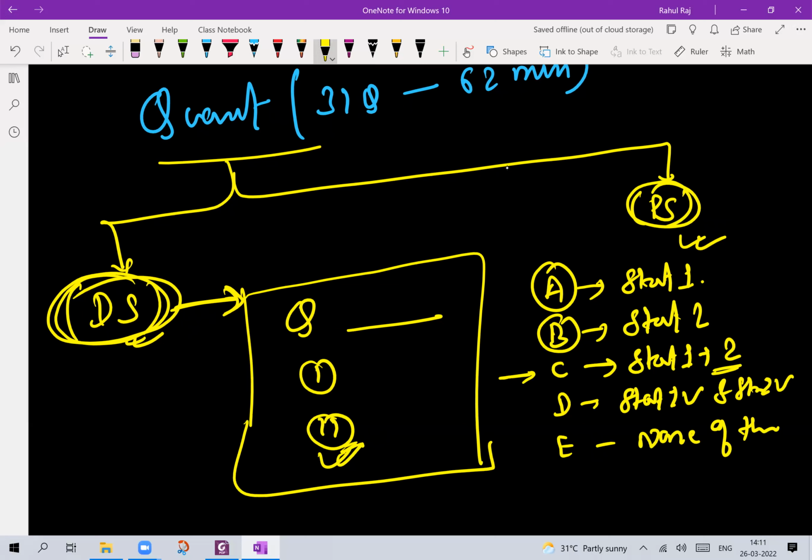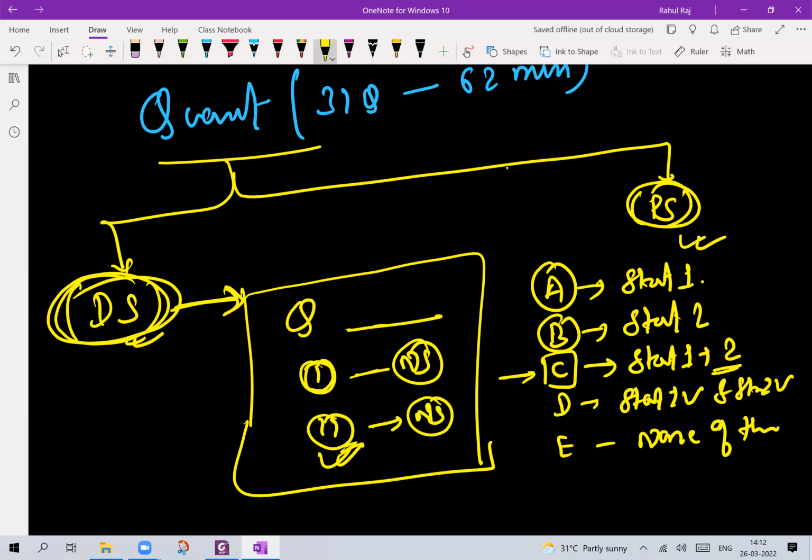Rahul, could you explain the difference between C and D? I didn't understand. So C says that, let's say there's a question given. Essentially in data sufficiency, you are not trying to solve the question, right? You are just trying to say whether you can answer the question with the help of the statements given to you or not. So in option C, statement number 1 is not sufficient to answer the question, and statement number 2 is not sufficient either, let's say.